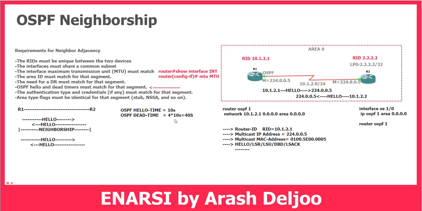Or if you want to increase the hello time and dead time, why? Because we want to reduce bandwidth usage and also CPU usage caused by sending hellos. It is possible to change the hello interval and also the dead time in OSPF. Let me show you.